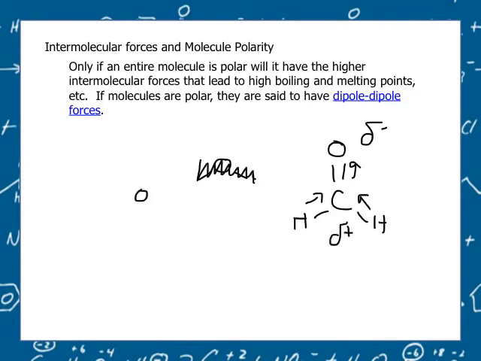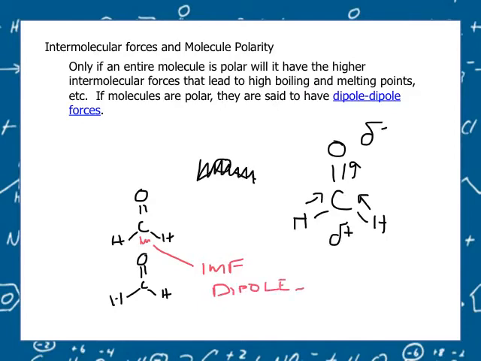So when I line these molecules up, the positive side of one formaldehyde and the negative side of another formaldehyde are attracted to each other. So there is some attraction. It's not a bond, but we are going to have some attraction producing greater IMFs. And this, because these are two polar molecules, is called dipole-dipole interaction. So, and that comes from, we have two things that are polar. So dipole-dipole.